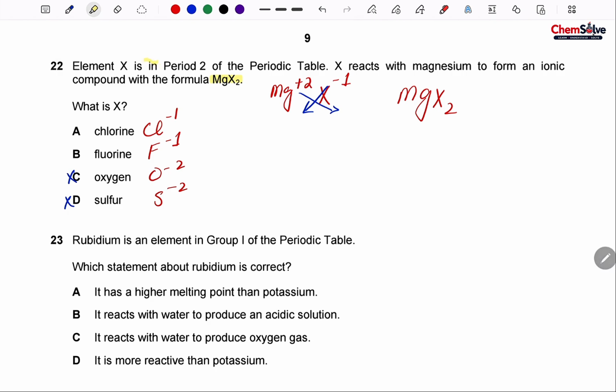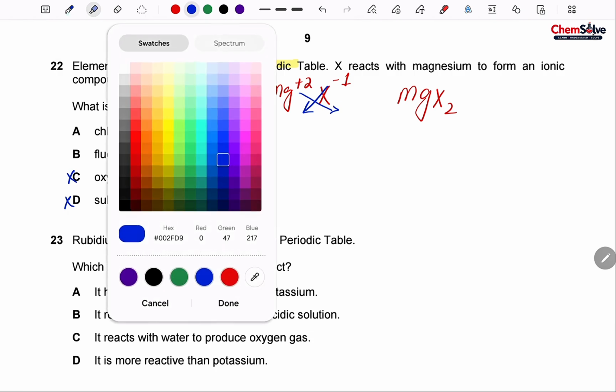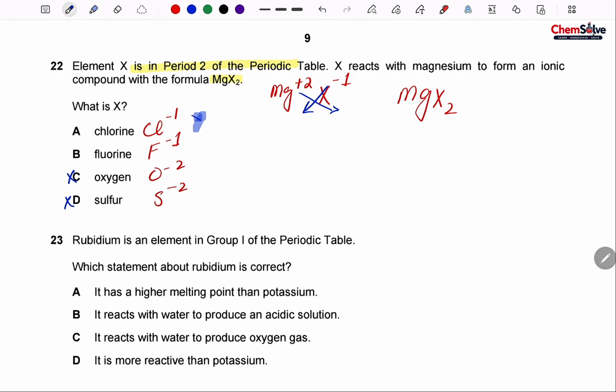It states it is in period 2. So we can't choose chlorine because chlorine is in the third period. That's why the correct option would be fluorine, B.